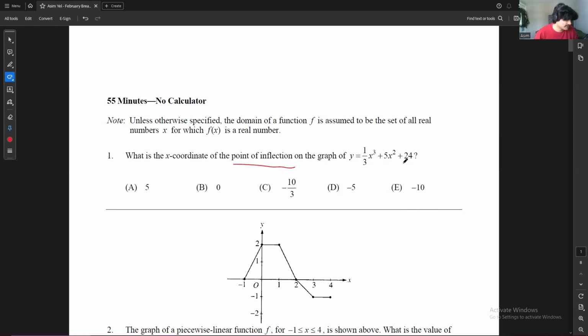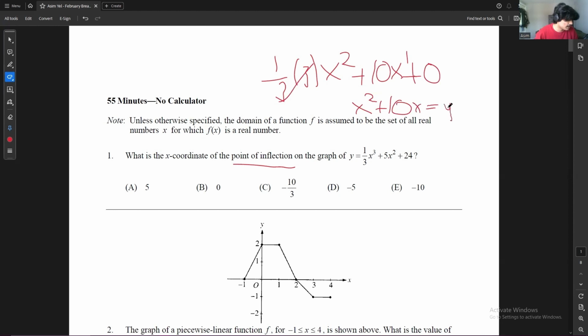So first of all, let's just take the derivative. If you don't know, we're just taking the exponent down and subtracting 1 from the exponent. So it's going to be 1/3 times 3x squared plus 10x to the first power plus 0. The 3's just go away, and then we can say x squared plus 10x is equal to y prime.